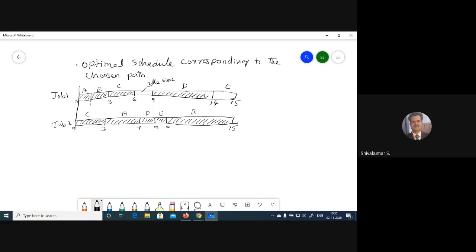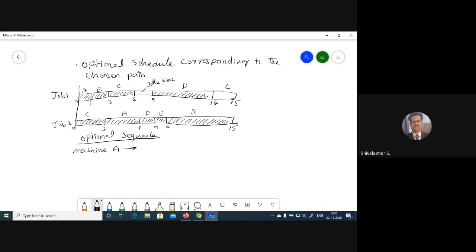Okay. Now you have to find out the optimal sequence by seeing the bar chart. Say now you have machine A. Tell me which job is to be taken here for machine A. Job 1 or job 2?